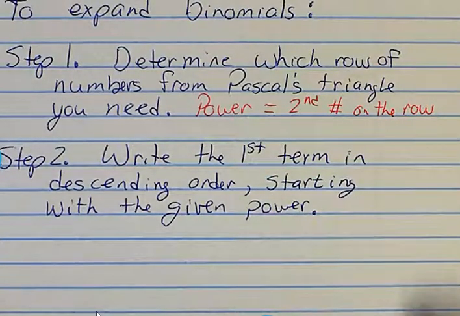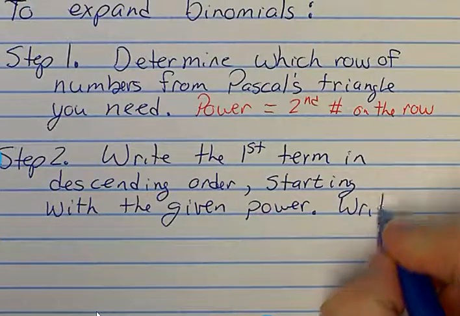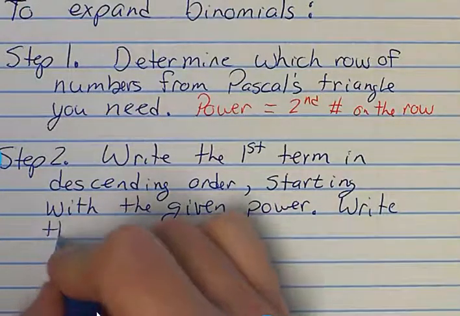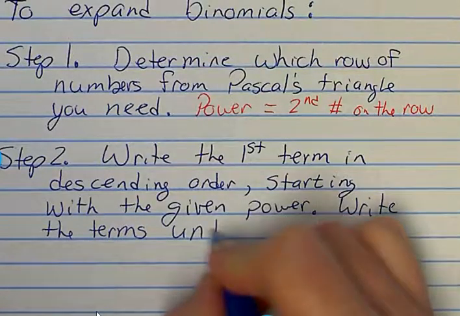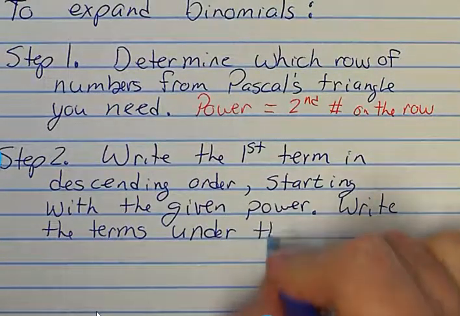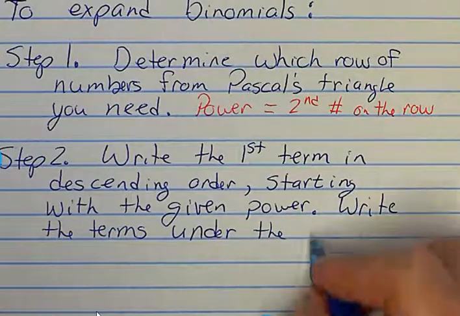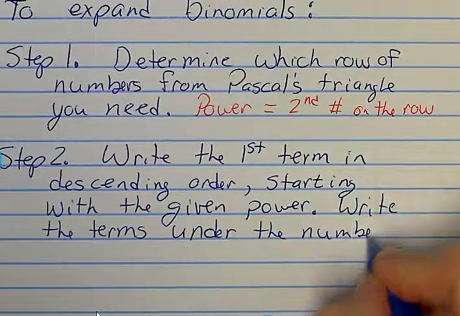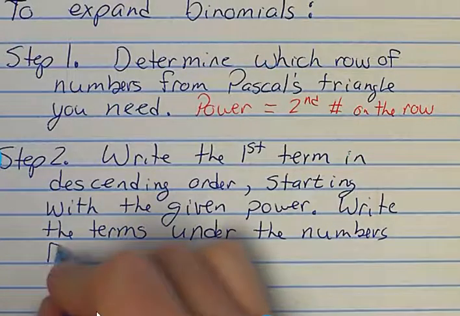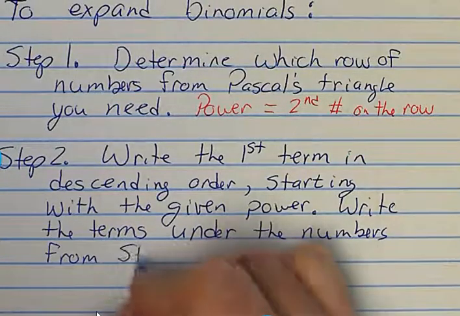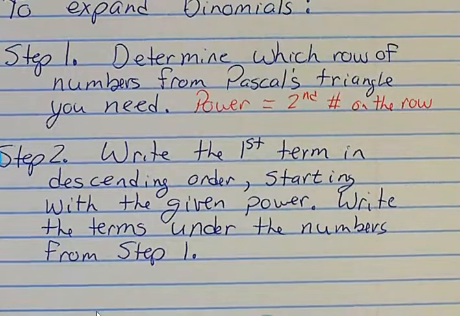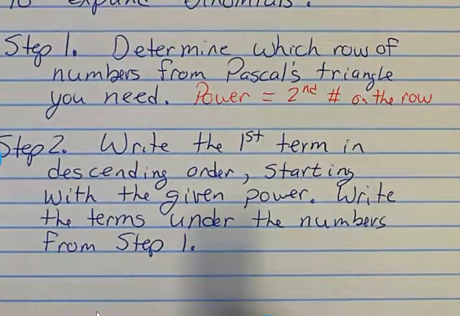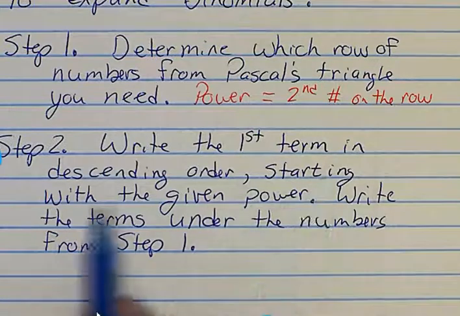You're going to write these underneath the numbers from step 1. So whatever numbers we have from Pascal's triangle, you take the first term, write it in descending order, and you start with the given power.